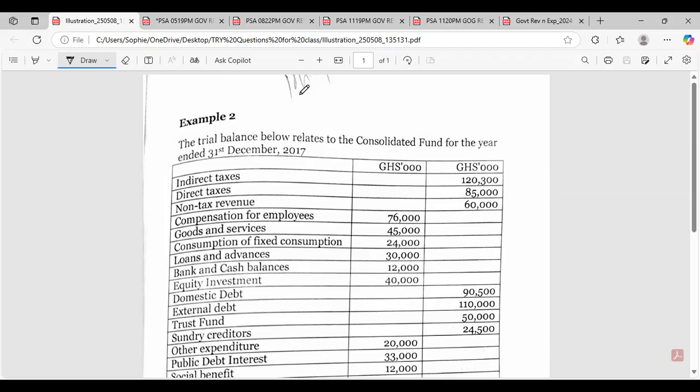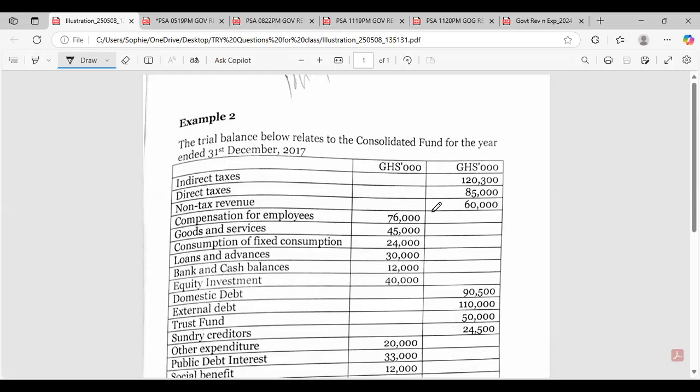How do you do your chart of accounts, please? So we will start with our revenues. Then what are the items under our revenue? Direct, indirect, non-tax revenue. Yes, yes, yes. You are getting the concept.